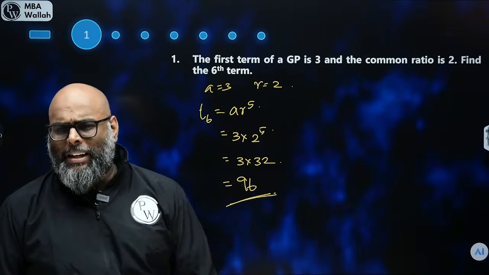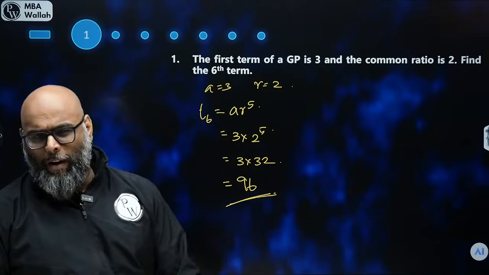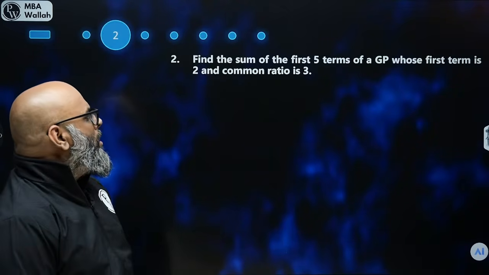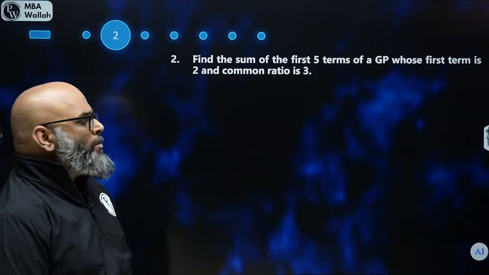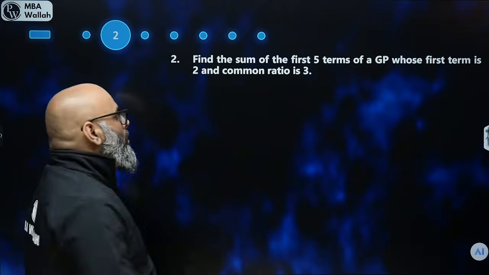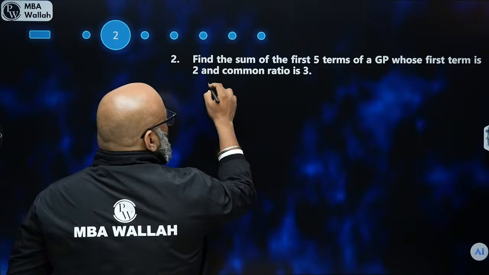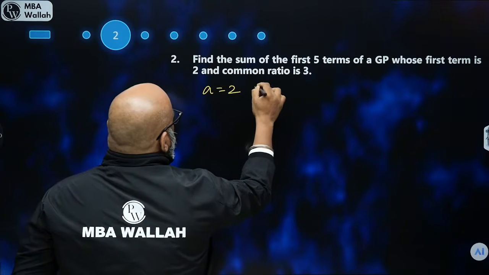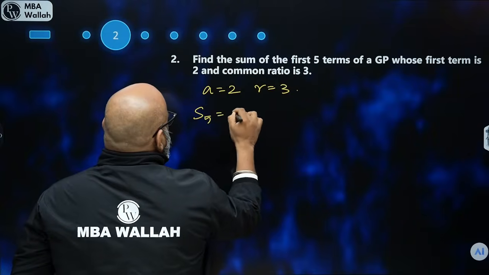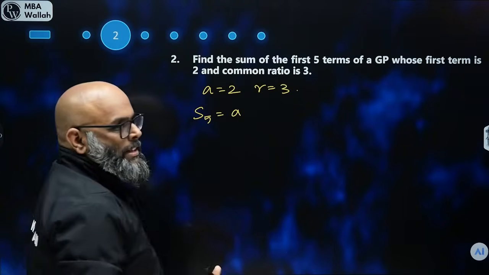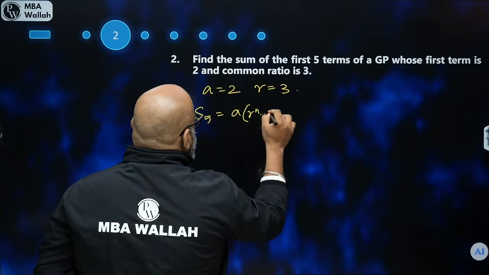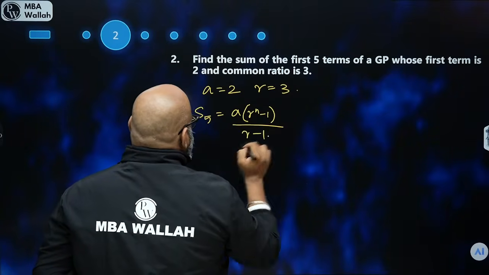So this one is utter basic and simple. Nothing complicated about that. We'll move on to the second one. Find the sum of the first 5 terms of a GP whose first term is 2 and common ratio is 3. So first term is 2, A is equal to 2, R is equal to 3. Sum of 5 terms is asked. R is 3, which is greater than 1. So I will say A into R power n minus 1 by R minus 1.